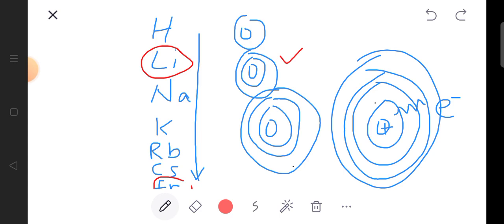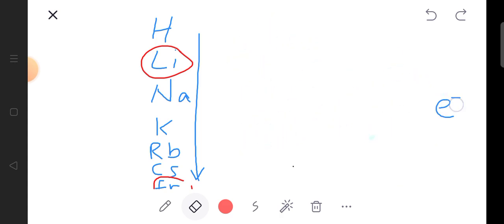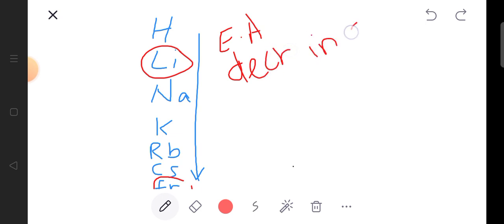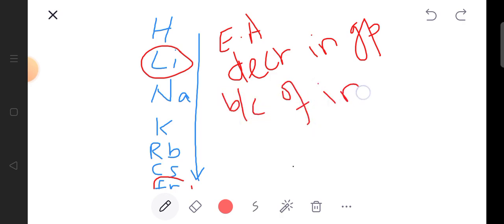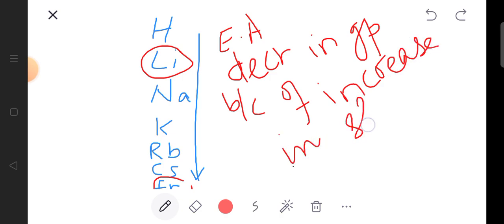So we can say that if we move from top to bottom in a group, electron affinity decreases because of the increase in shielding effect.